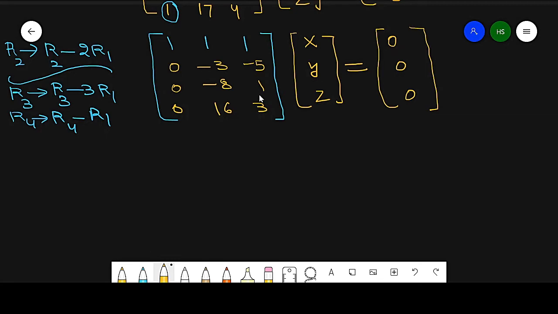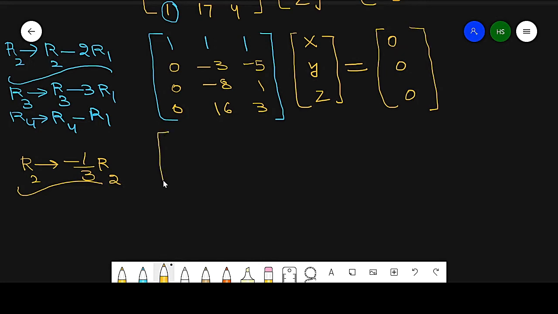So I operate R2 equal to minus 1 by 3 into R2.